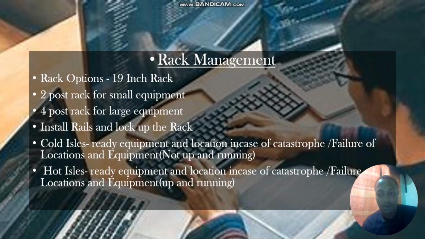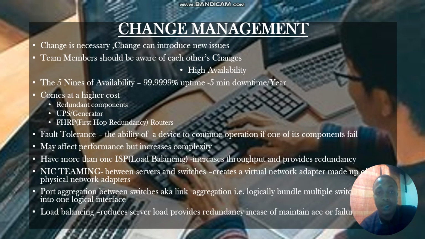It's not running, but it's there, readily available in case of a catastrophe or failure of one location or equipment in one location. So that is what we call a cold site. A hot site means that the equipment and the location are up and running, so that if you have failure on one side, then you're able to easily shift to the other equipment and location that you have.